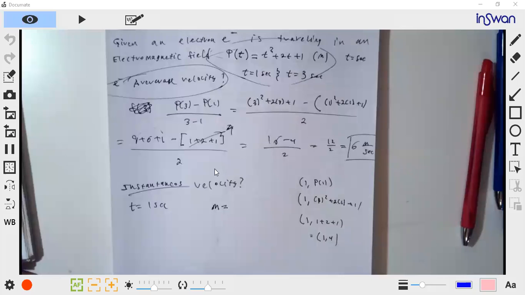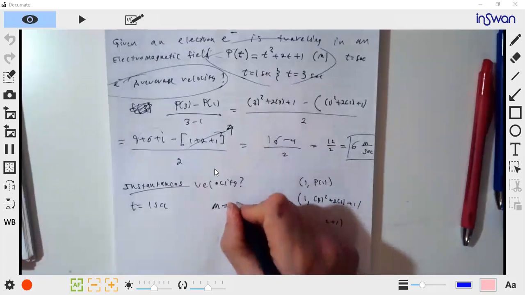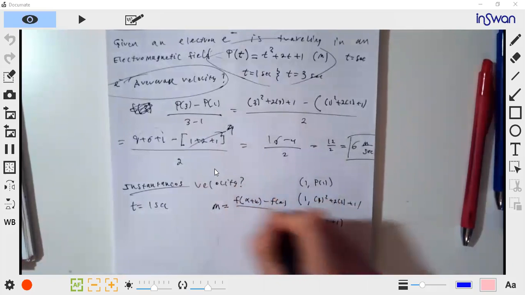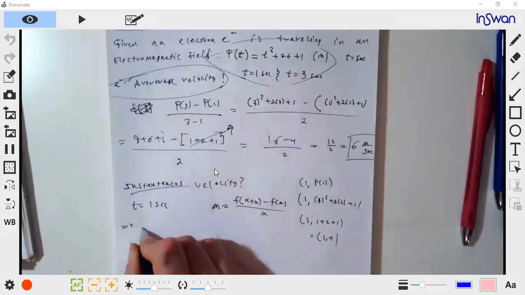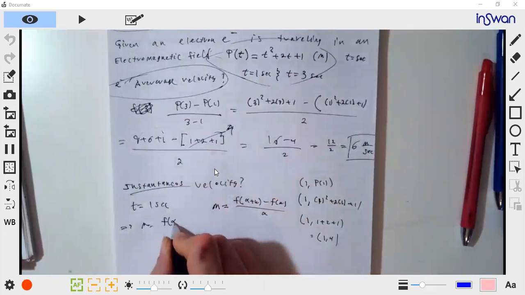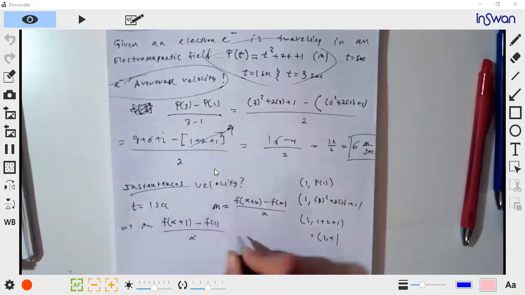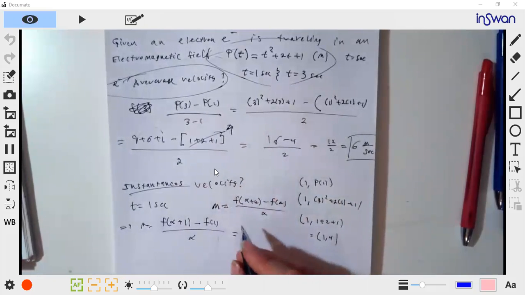Okay, so to find m, we have to say what is f of alpha plus k minus f of k all over alpha. But that implies m is equal to f of alpha plus our k is equal to 1 minus f of 1 over alpha. And we're not even talking about f, we're talking about p.